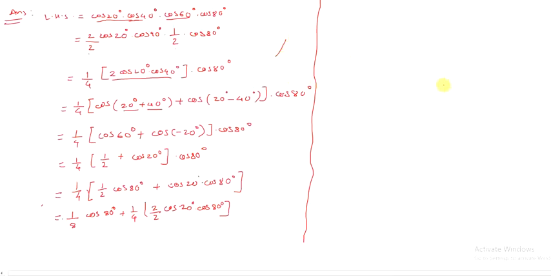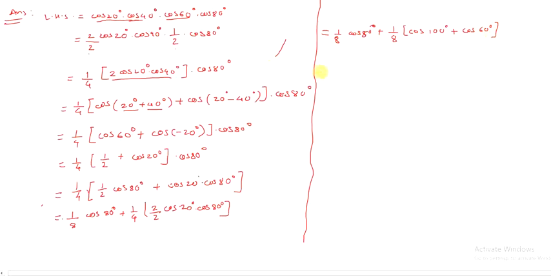So it is equal to 1 by 8 cos 80 degree plus 1 by 8 into bracket cos of 20 plus 80 degree, that is 100 degree, and cos of 20 minus 80, that is minus 60 degree.